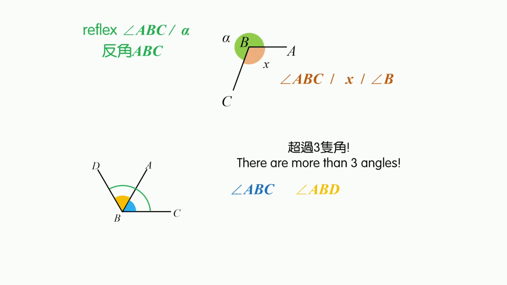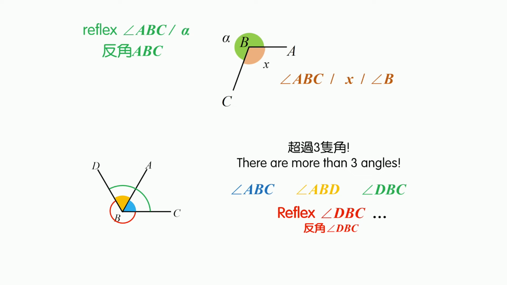And also some other angles, for example, this green angle, it's from C all the way to B, then to D. So we call it angle D, B, C. Well, the order doesn't really matter. And for this red outer angle, we can call it reflex angle D, B, C. As you can see, in this simple figure, there are many angles.